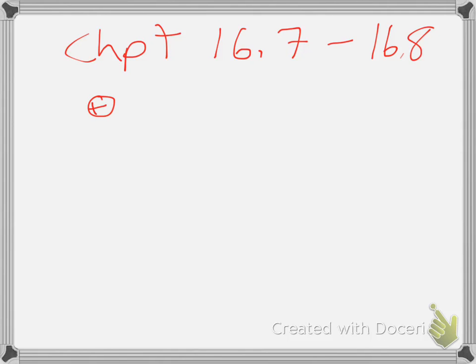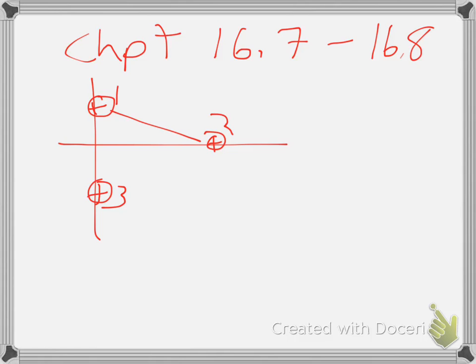If you had a positive charge and a positive charge with the y-axis running through them, and maybe a positive charge right here, then we discovered that we could find the force by the principle of superposition and vector addition. 3 is going to push on 2 this way, and then the summation of these two forces will give us the net force acting on 2 from 1 and 3.